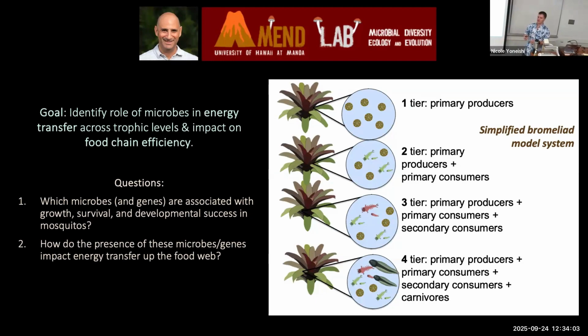One of our goals here, in a similar vein of microbes contributing to ecosystem functions, is to identify the roles of microbes in energy transfer across trophic levels and their impact on food chain efficiency. We have these simplified bromeliad systems, composed of the base of your food web, which is the microbes, and then these mosquito larvae that are the primary consumers, and then another trophic level and another trophic level as things eat.